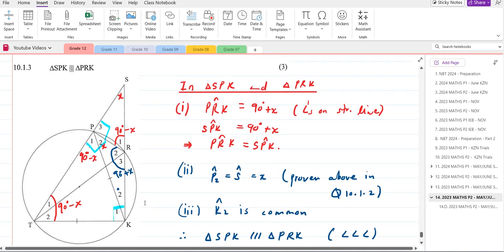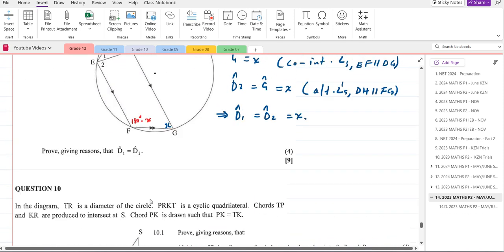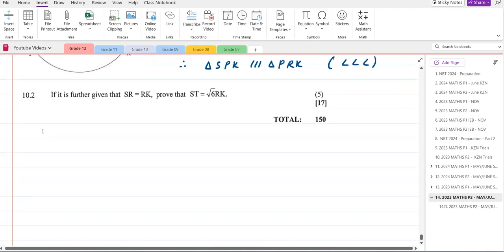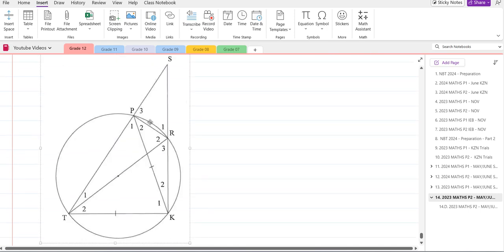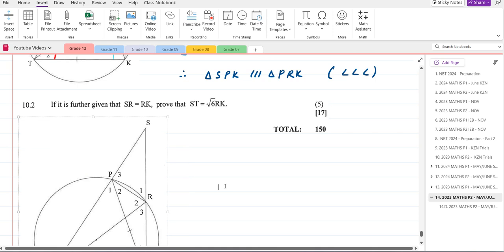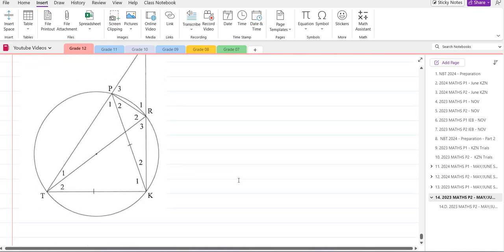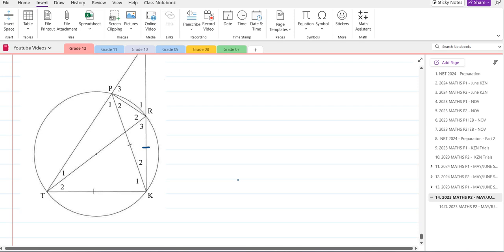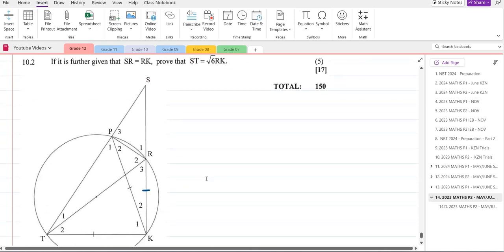I need that original diagram. There's too much information here. Let's take the original diagram and solve it using this. So what's the further information given? SR equals RK.